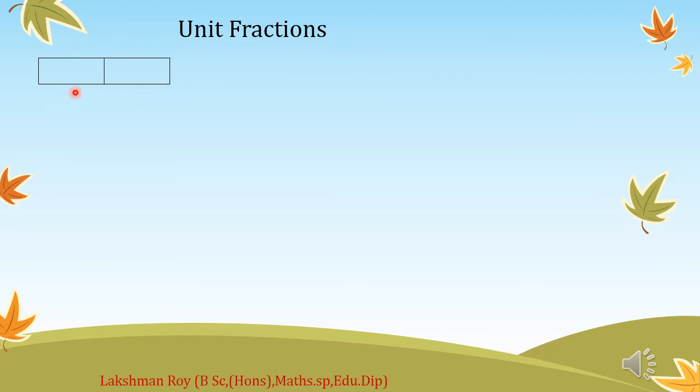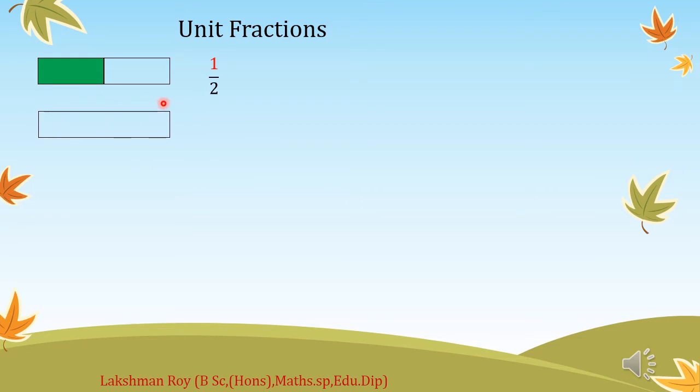Now I divide that one into how many parts? 1, 2, 2 parts. So I colored one part. Now you know how to represent this colored part as a fraction, right? How to write? Divided into two parts, colored only one part. So numerator 1, denominator 2, right? Let's see another example.